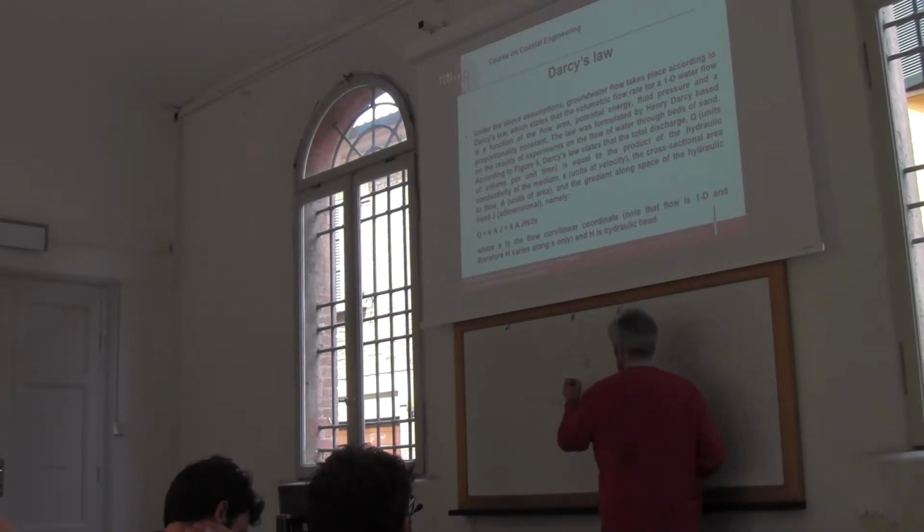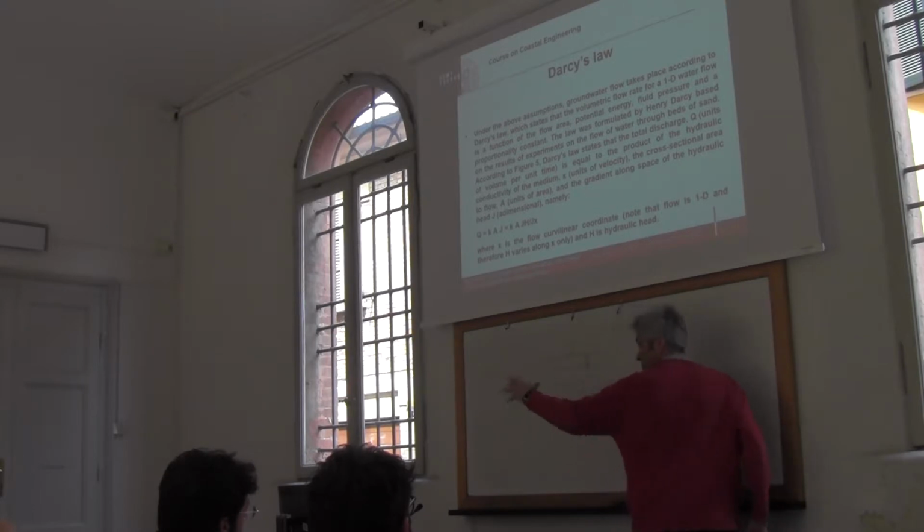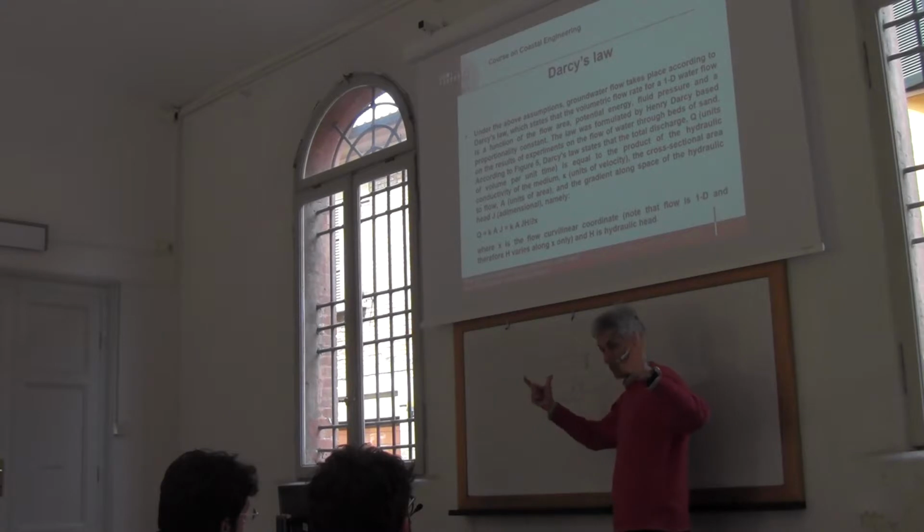Okay, so let's suppose that this is the velocity vector. How can we estimate the water flow, the volume of water per unit time that comes from this area, by assuming that the velocity vector is perpendicularly coming out from this area?